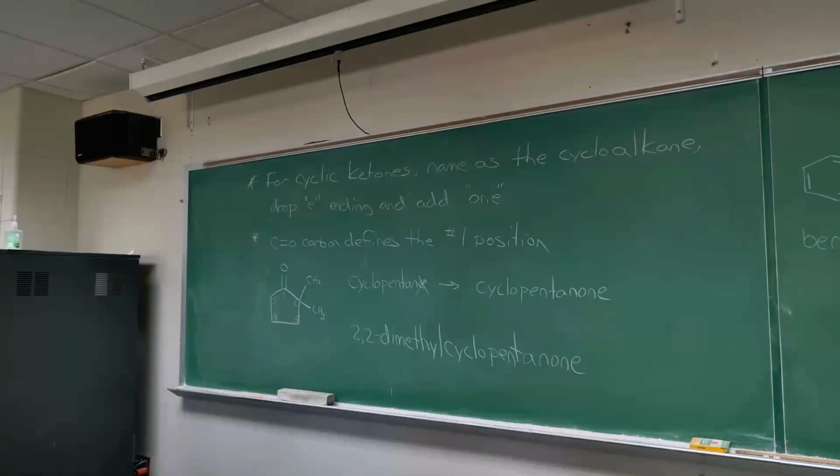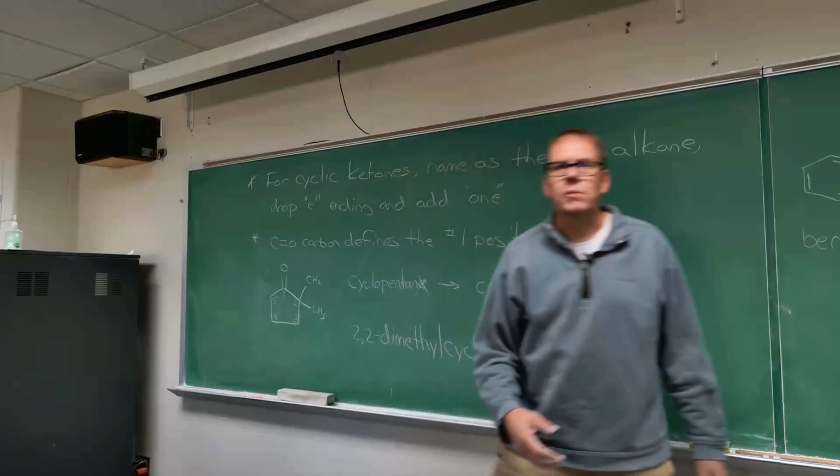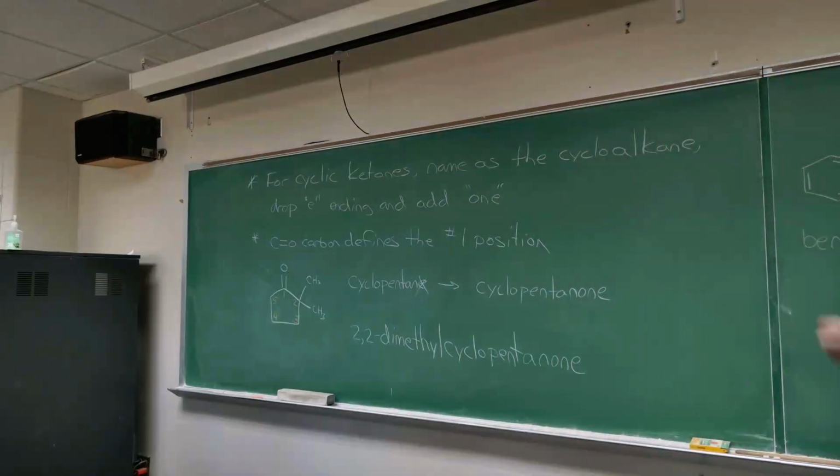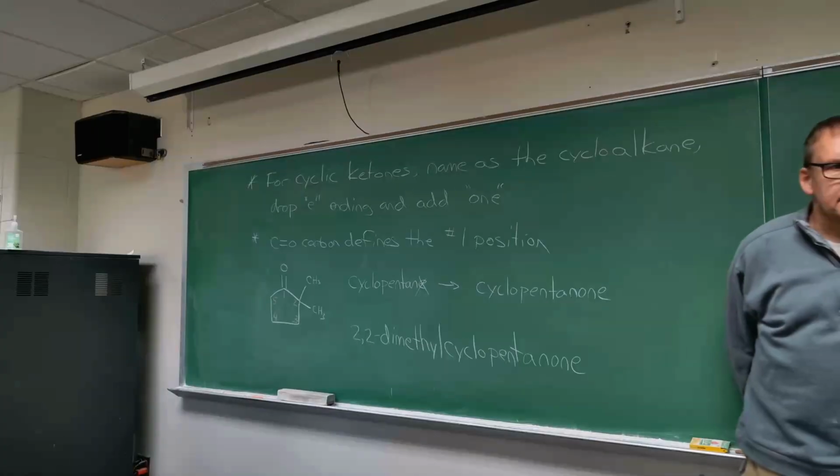And that is your name for that molecule. And notice how you had to specify the 2 twice. There were 2 methyl groups. You have to locate each one of them, even if they're on the same carbon, just like we did with alkane naming. That was the same deal.